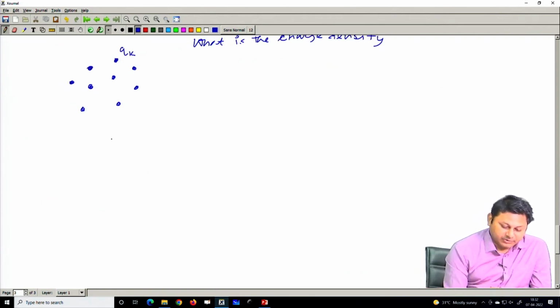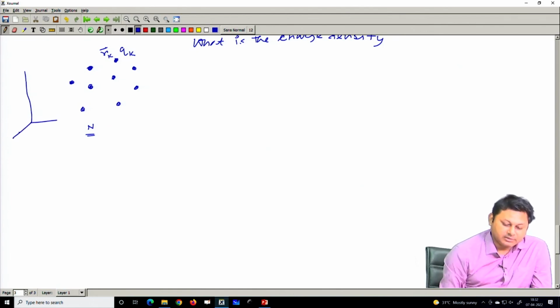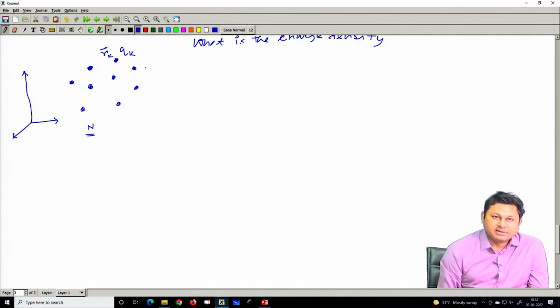Suppose there are n charged particles, the total number is n, and each charged particle has charge q_k and position r_k in a certain coordinate system. In this coordinate system these charges are distributed at different locations, discretely.